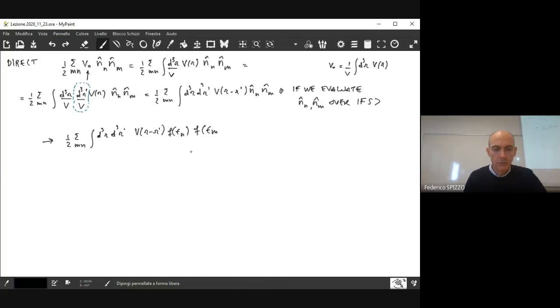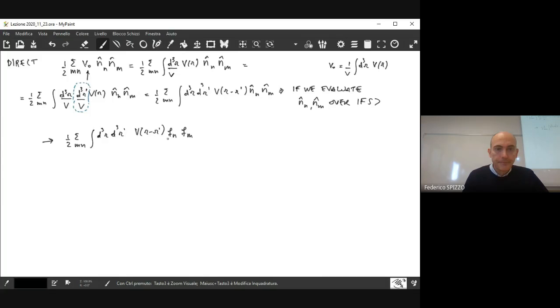So I just write that as f of n to say the Fermi-Dirac distribution corresponding to level n, and f of m, that is the value of the Fermi-Dirac distribution corresponding to level m.